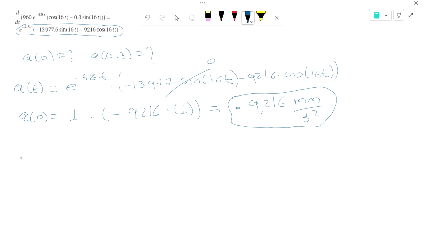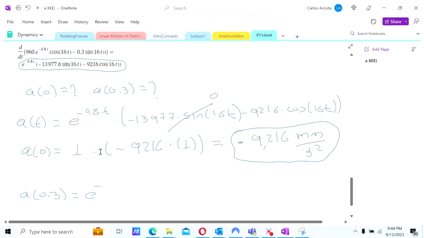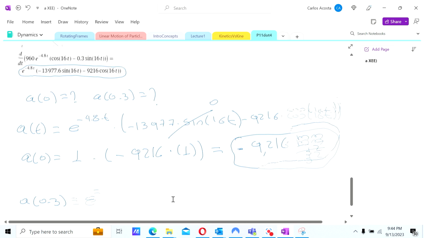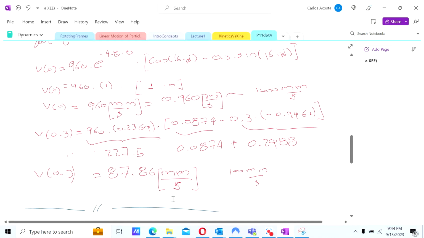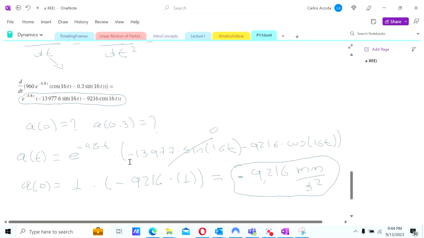So let's do the last one, which is at 0.3. This is e to the negative, I already forgot what it is, is it 0.23? I think I wrote it down over here. Yeah, 0.2369.